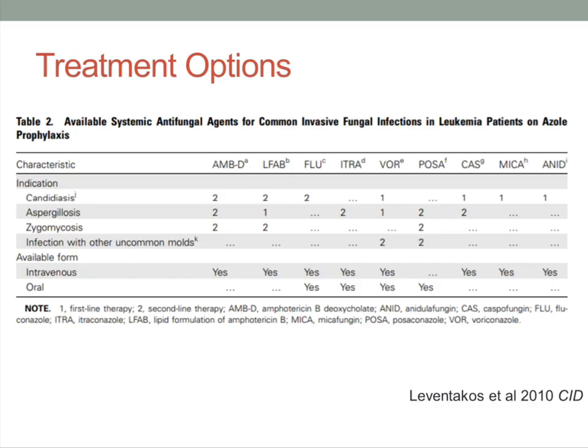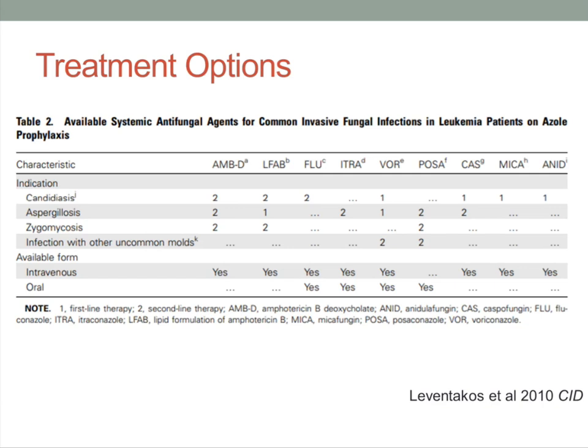This is a little bit of an older chart, but I wanted to include it because I really like how it was set up. It goes through the different antifungal medications: amphotericin B deoxycholate, liposomal formulation, fluconazole, itraconazole, voriconazole, posaconazole, caspofungin, micafungin, and anidulafungin. It goes through the guidelines: 1 is a first-line recommendation, 2 is an acceptable alternative or salvage therapy, and it notes which have IV or oral forms.